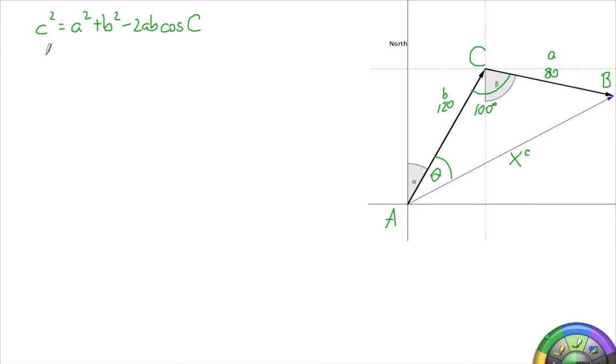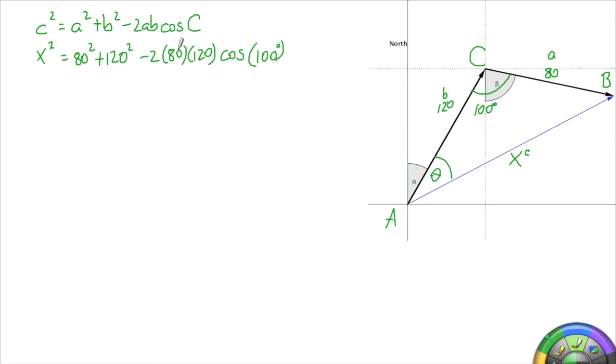All right, we're looking for x, so I'll put the proper letter in there and substitute in: x squared equals 80 squared, a is 80, plus 120 squared, b is 120, minus 2 times 80 times 120 times cosine of 100 degrees.